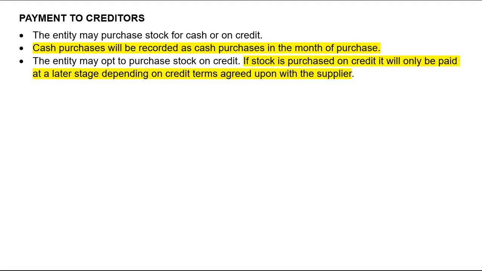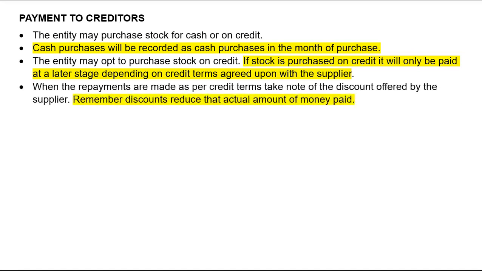If stock is purchased on credit, it'll only be paid at a later stage depending on credit terms agreed upon with the supplier. When the repayments are made as per the credit terms, take note of the discount offered by the supplier. Remember, discounts reduce the actual amount of money paid. We will basically pay less than what we were supposed to pay if we are given a discount.